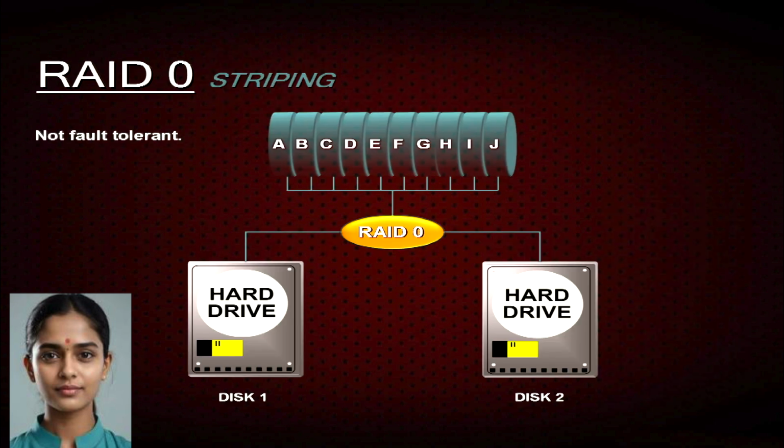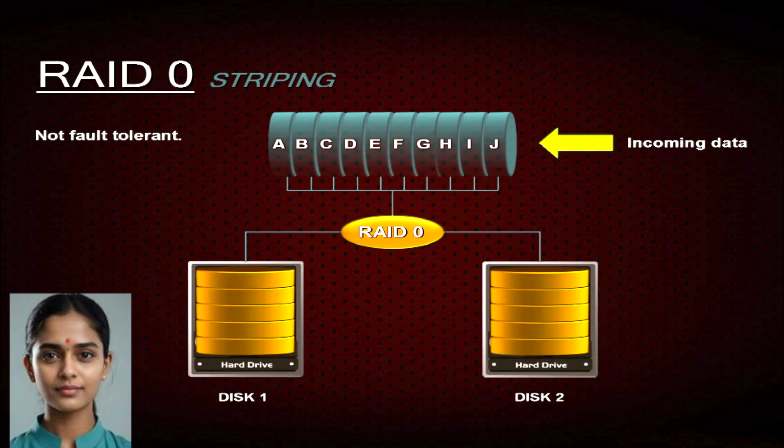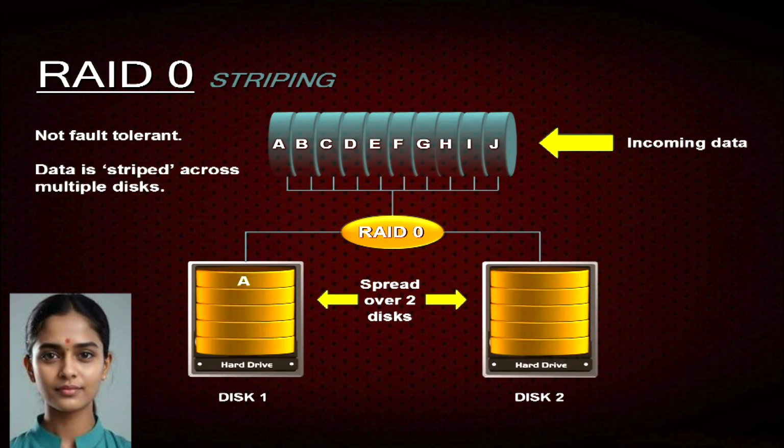Now, RAID 0 is not fault tolerant. In fact, RAID 0 shouldn't even be called RAID, because not only does it not provide fault tolerance, it actually increases the chance for data loss. Because in a RAID 0, the data is not duplicated, but it's actually spread or striped across two separate disks.